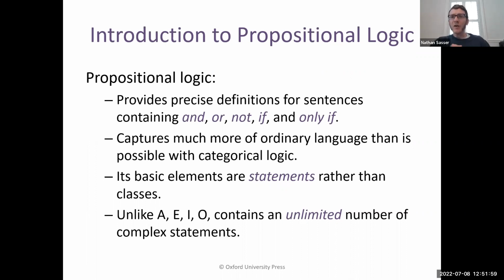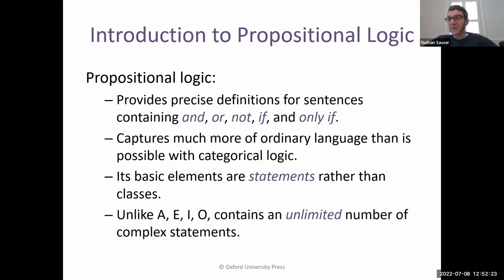So the big difference between categorical logic and propositional logic is that propositional logic takes for its basic building blocks not a single term like dogs or mammals, but a complete statement, something that could be stated in a sentence.